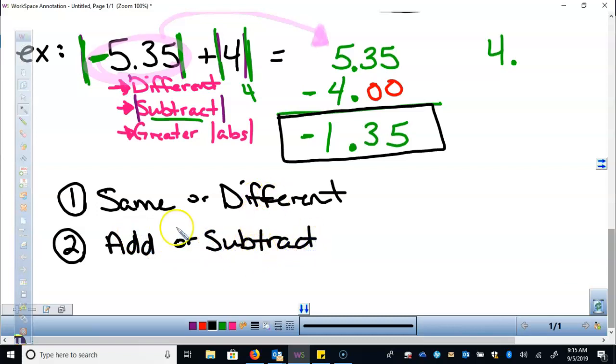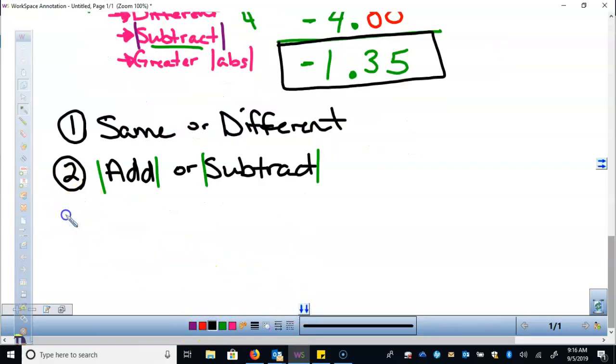Remember, different signs we subtract, same signs we add. And again, we're talking about those absolute values. So add or subtract those absolute values is the second question. The final question we have to ask ourselves in any of these problems is, what's the sign of the answer?